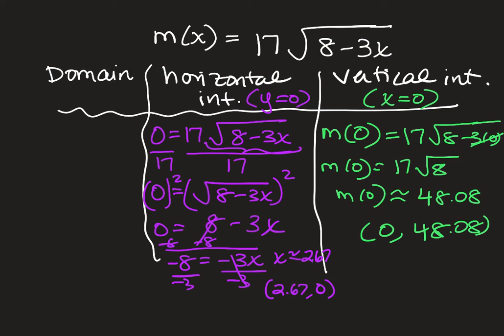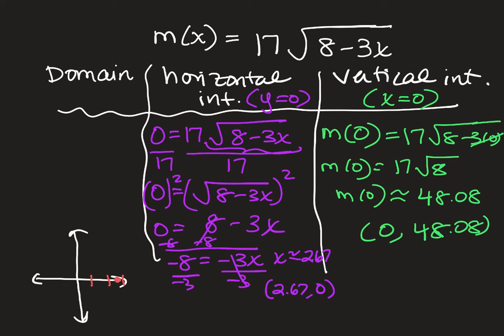So now we have a couple different ways we could do the domain. Over here on my domain column, I want to see if you can see what my graph looks like so far without even using the calculator. This is not going to be to scale at all, so don't worry about that. But let's see if we can somewhat plot what we have. Let's say there's my x-axis, and here is about 2.67, 0.